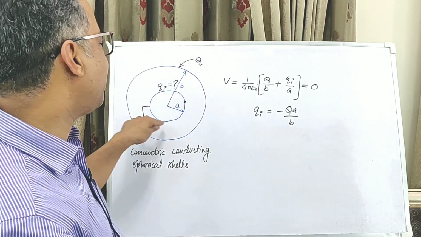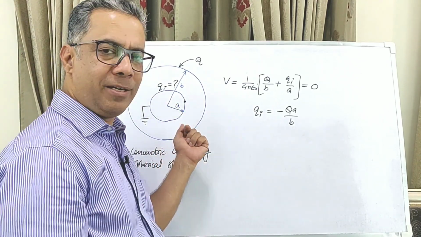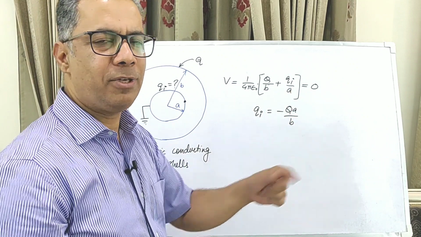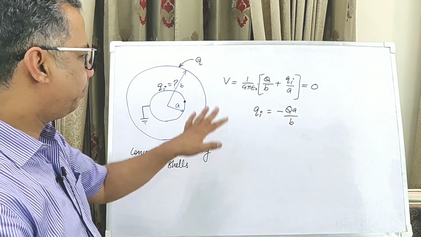It was not an isolated conductor. And so when you have a non-isolated conductor and you earth it, some charge actually appears on it. So another very interesting problem here.